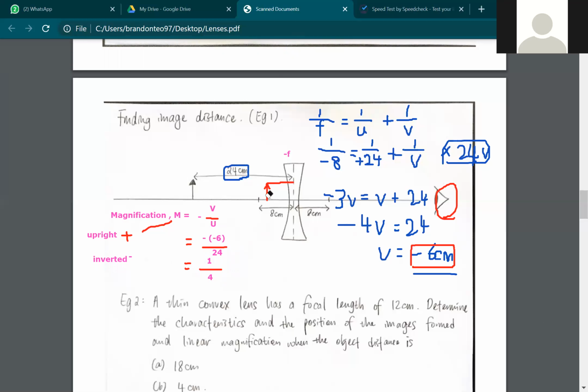If I redraw it, I redraw it like this, just very tiny, 1/4, and standing up like this. That's how you work out the position and the characteristics of the image by using the lens formula here.